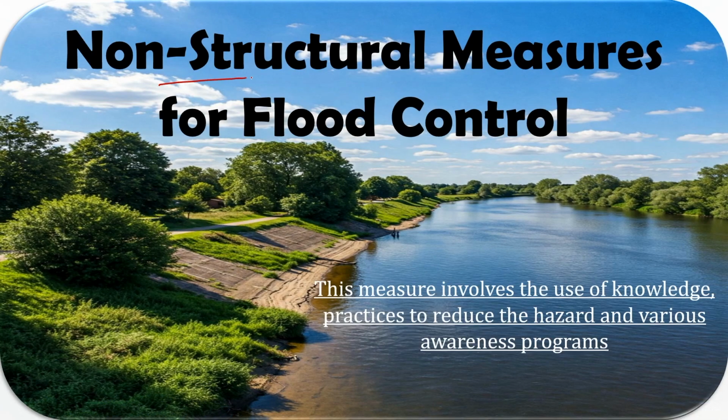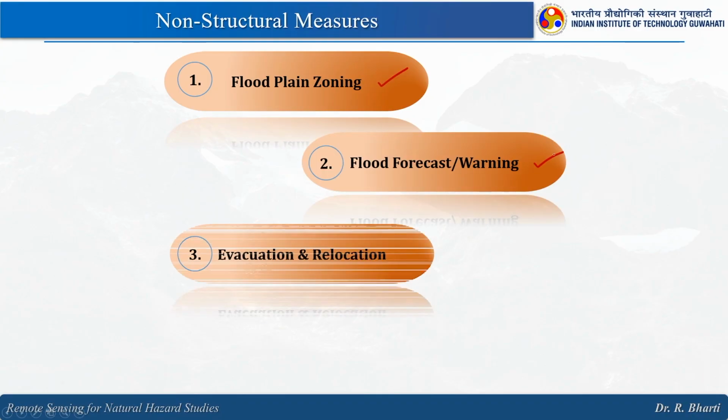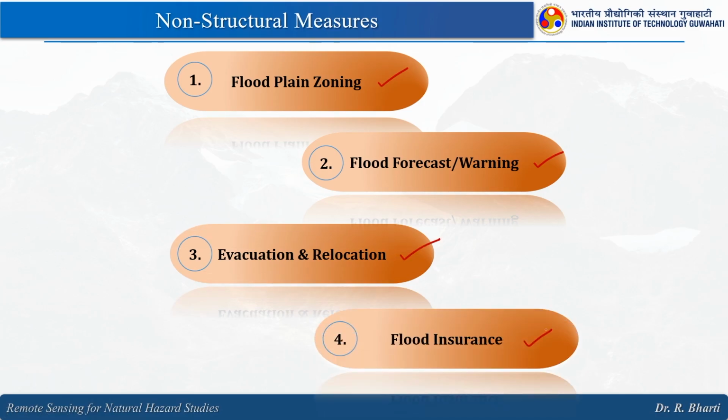Then comes the non-structural measures for flood control. Here we talk about the knowledge that is used in flood. When we talk about the non-structural measures, it involves the use of knowledge and practices to reduce the hazard, and various awareness programs. Some examples are floodplain zoning, flood forecast warning, evacuation and relocation, and flood insurance.